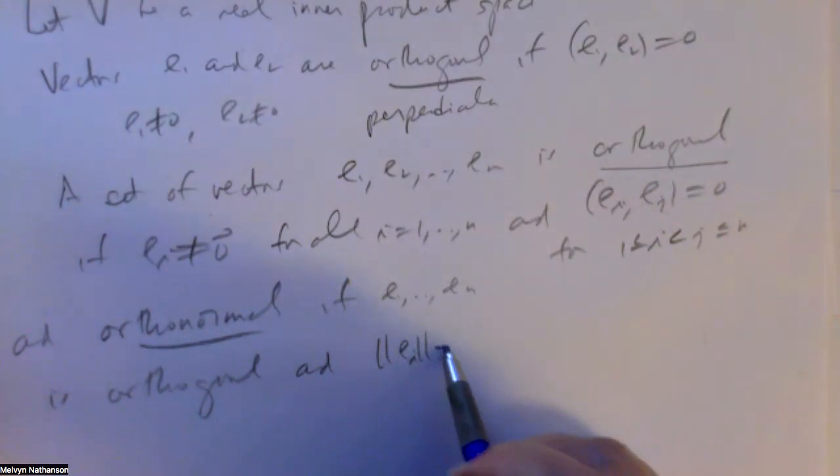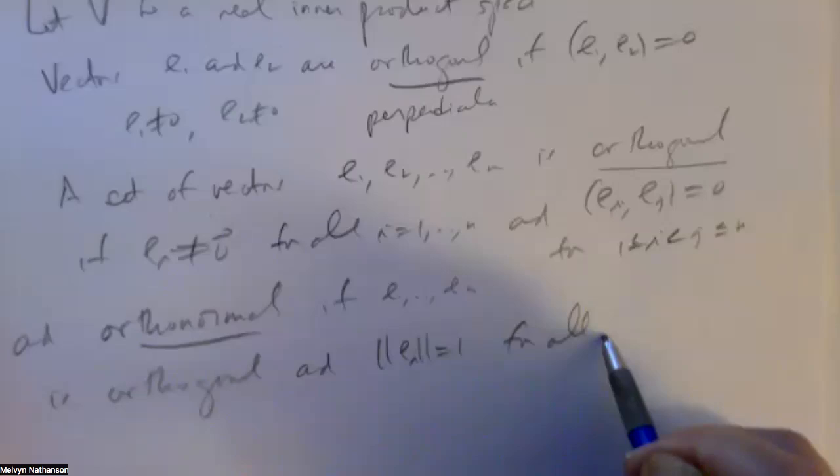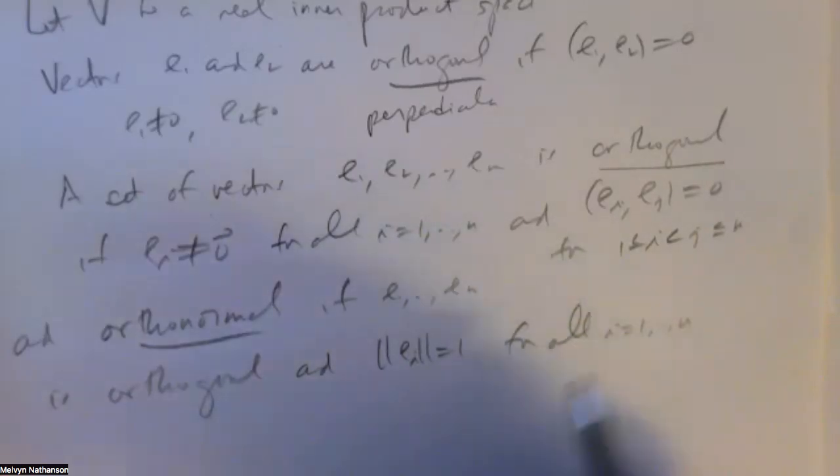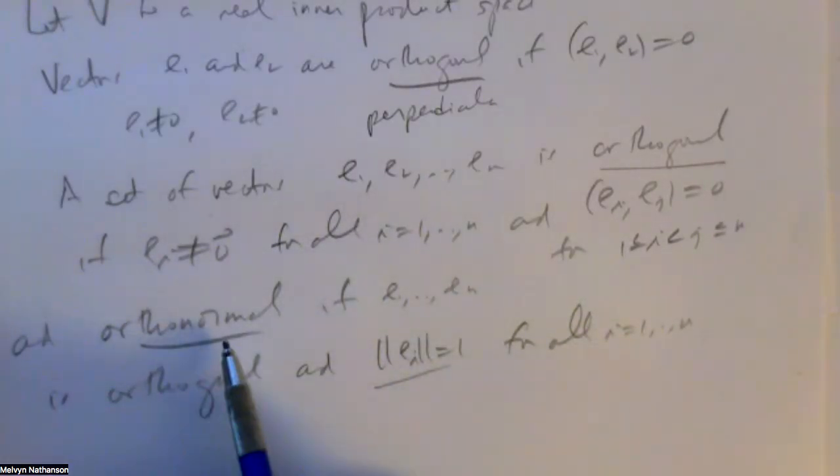The length of E sub i is 1 for all i. So an orthonormal set of vectors is a set of vectors of length 1 that are mutually perpendicular, mutually orthogonal.